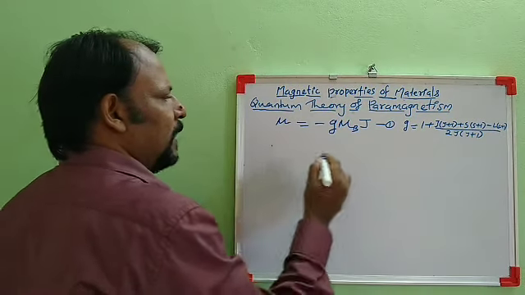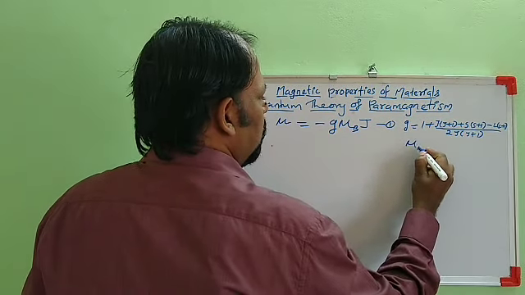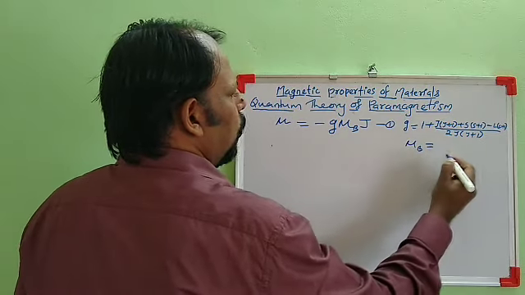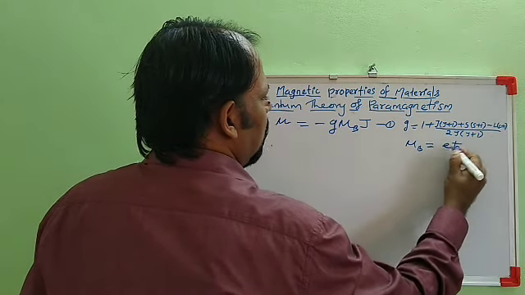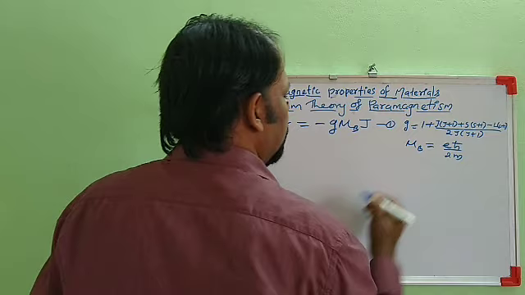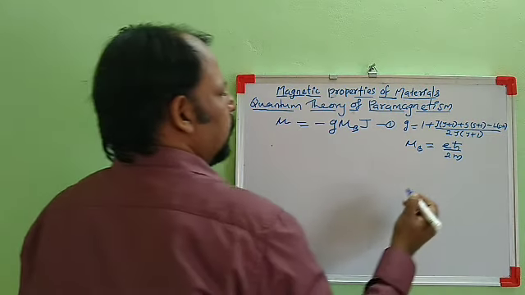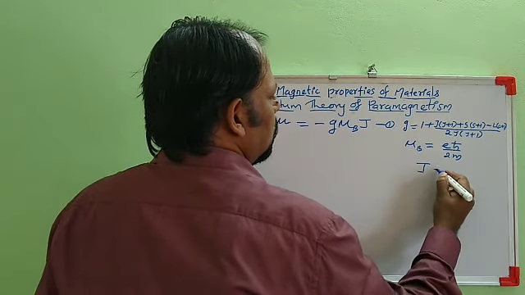So G is called Landé's split factor. Mu B is the Bohr magneton. It is eh bar by 2m.